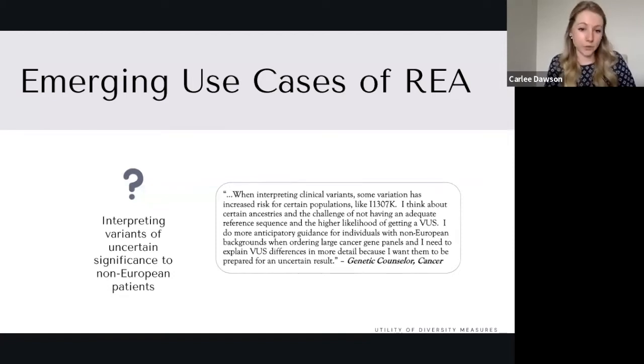I do more anticipatory guidance for individuals with non-European background when ordering large cancer gene panels, and I need to explain VUS differences in more detail because I want them to be prepared for an uncertain result. So this quote is demonstrating that additive counseling technique for non-European patients to anticipate higher likelihood of uncertain results and the need for diversifying those genetic databases for adequate reference sequences for more accurate variant classification.